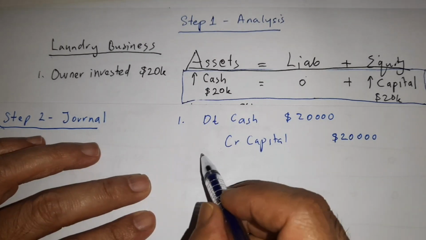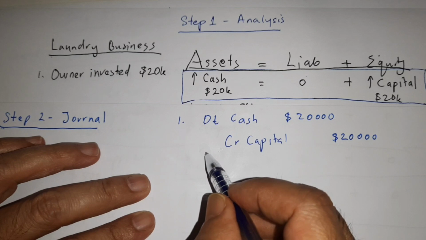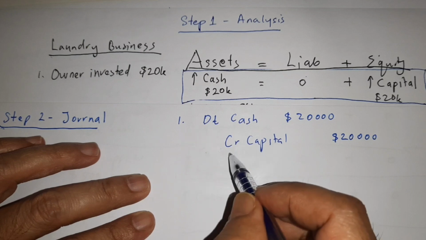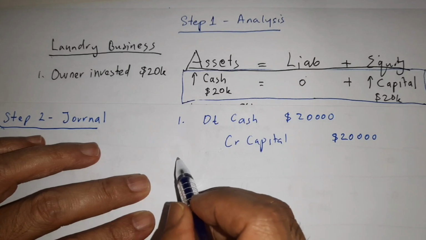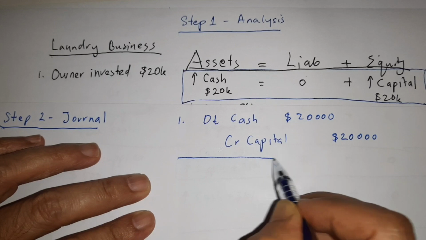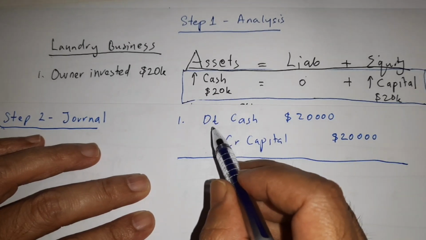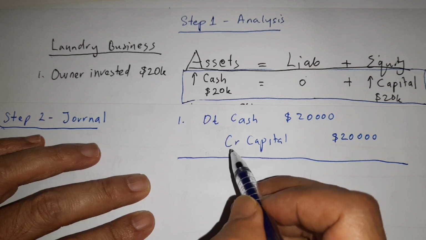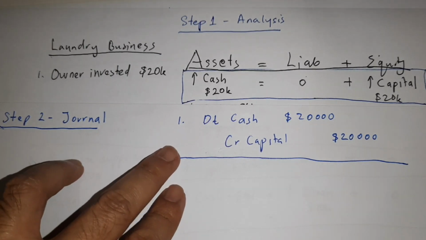Okay, and then you have to write an explanation. Here the explanation is supposed to be the owner of the business invested some $20,000 cash into the business, but it is not very important. I think the most important thing is you have to show what is the account that you have debited and what is the account you have credited. Okay, that is for the first transaction.